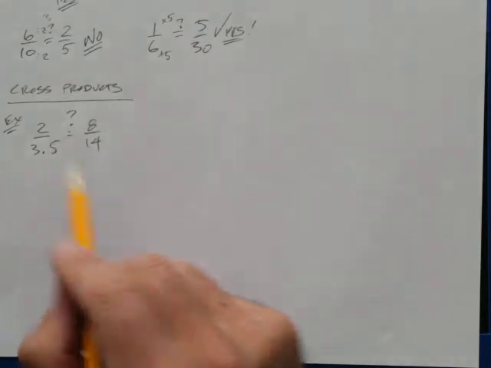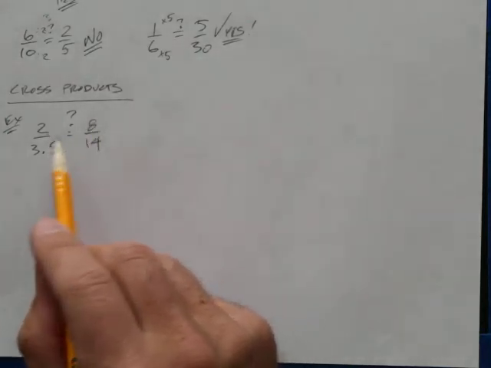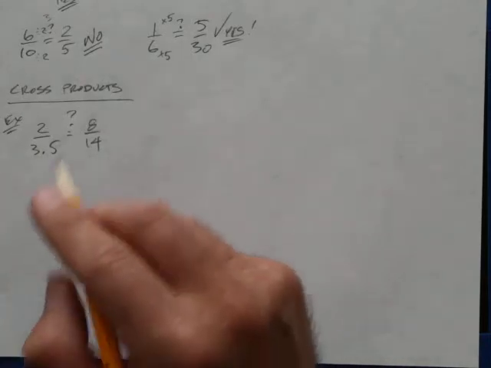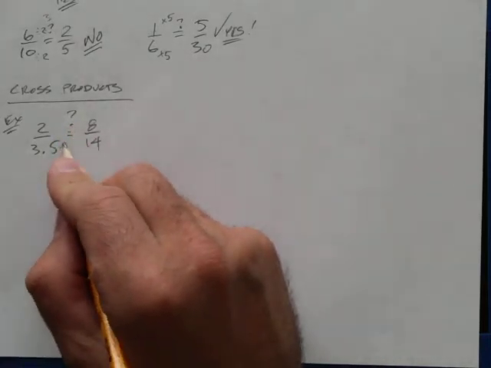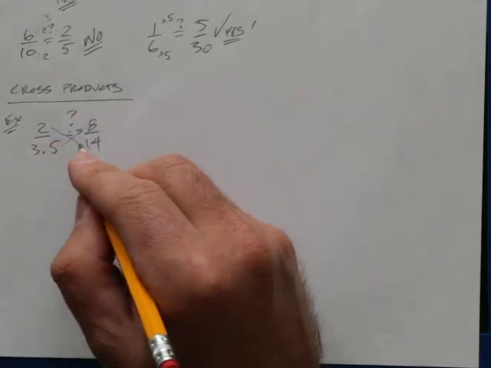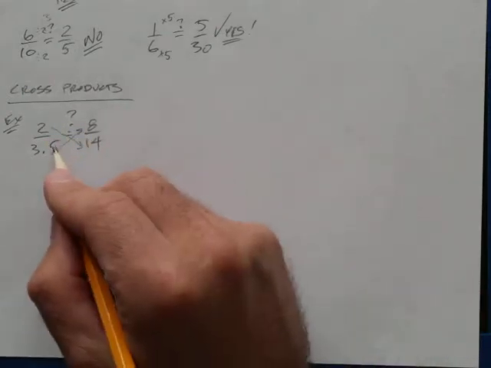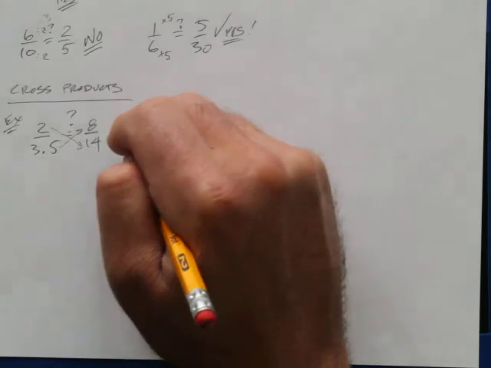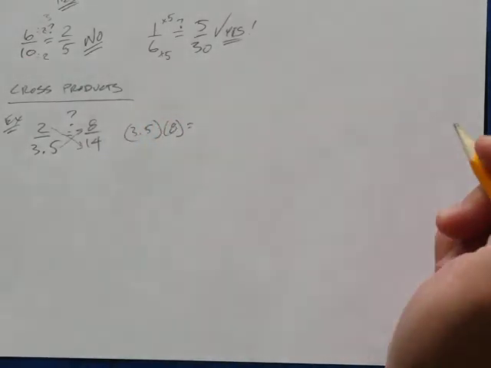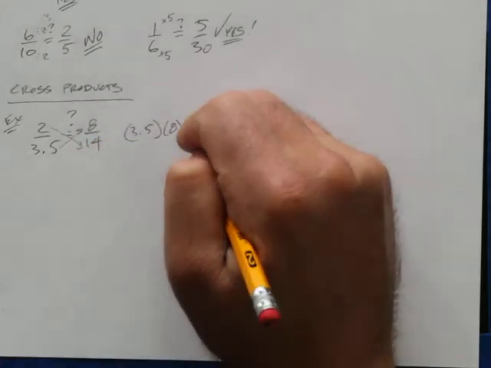This one is a little bit less easy to see than some of the other examples. So here's what we do. We take this denominator and multiply it by that numerator, and we take this numerator and multiply it by that denominator. 3.5 times 8, and we set it equal to 2 times 14.